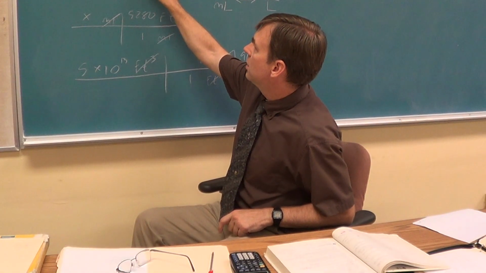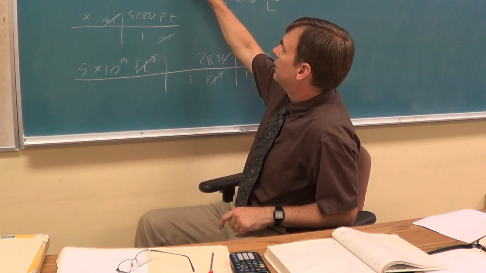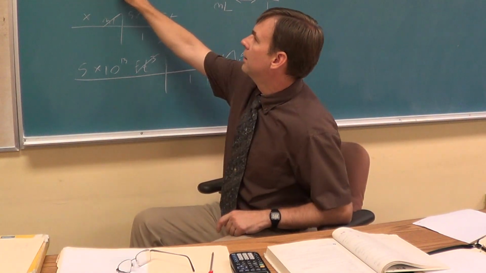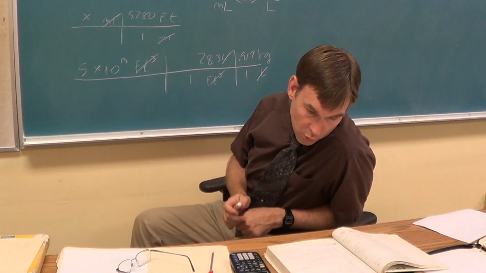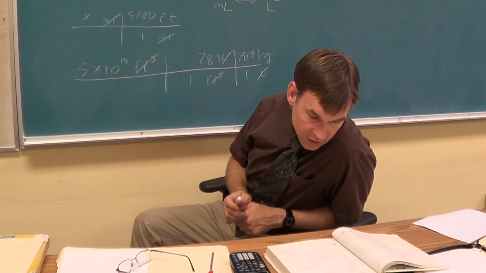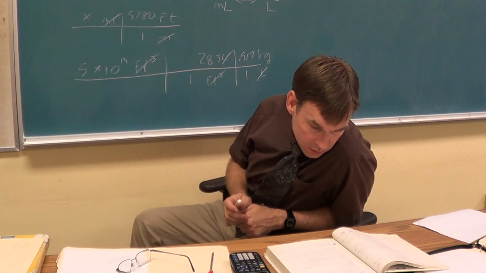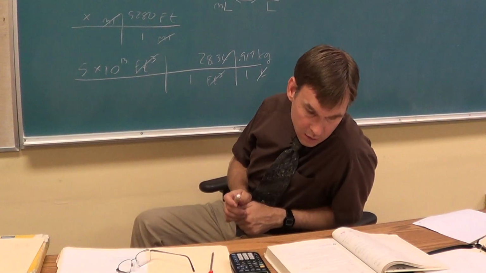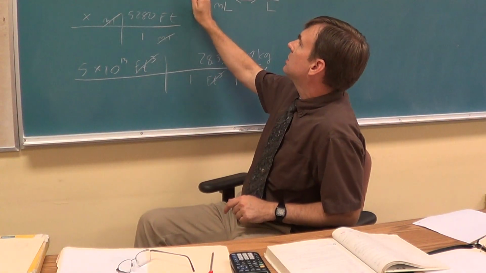So cubits out, inches can come in. You know a number there, and then you're going to have to do this twice. One of the calculations is telling you that 1 cubit is 17 inches.